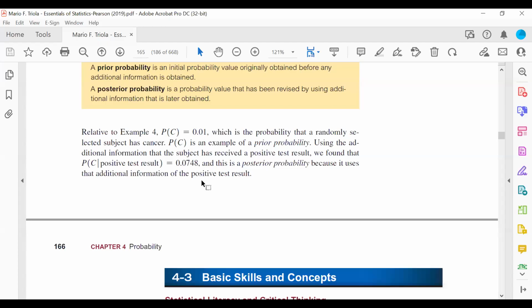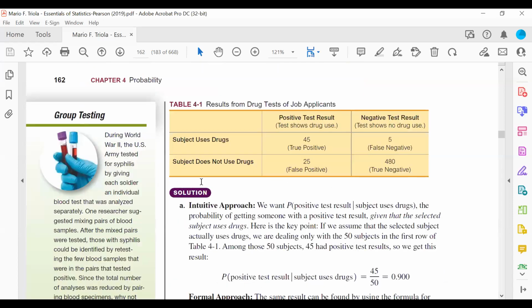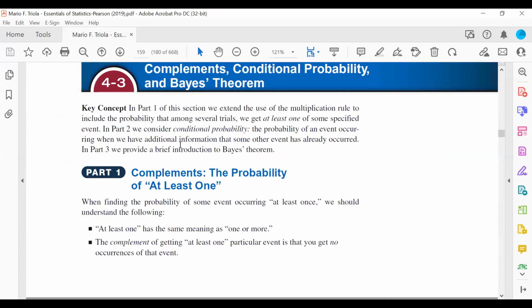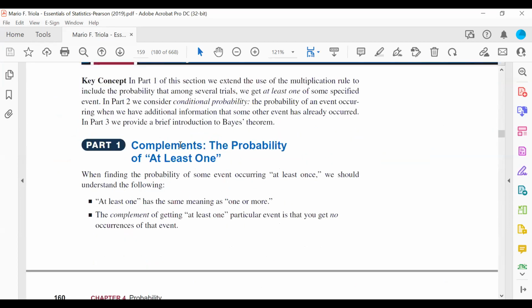And it is on page 159. So the at least one has a meaning. The meaning of at least one means one or more. The complement, we'll talk about the complement in a little bit.